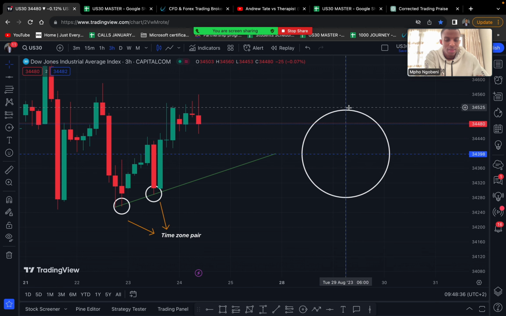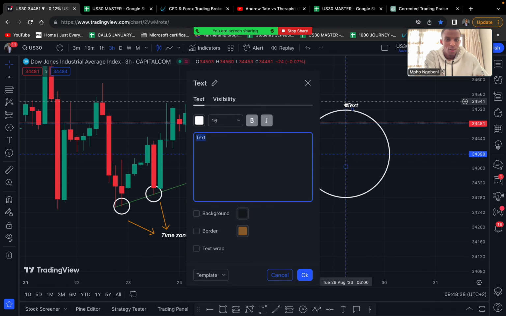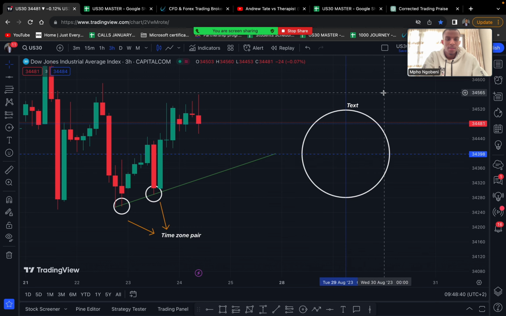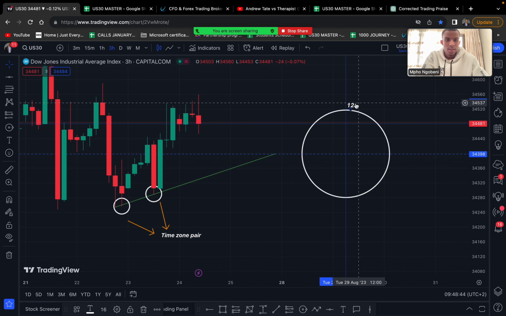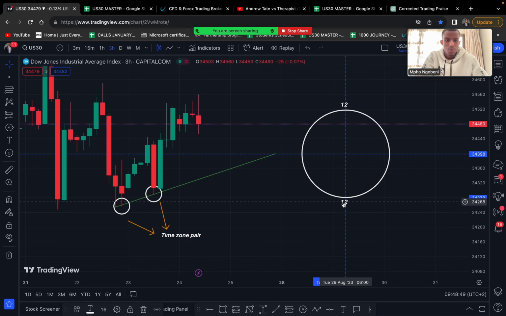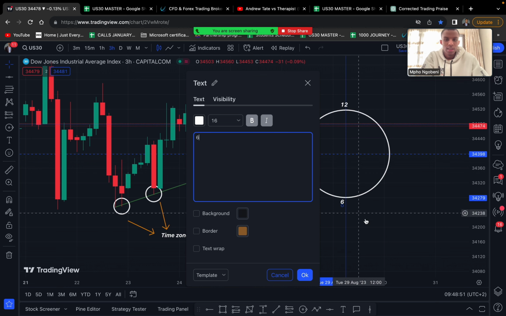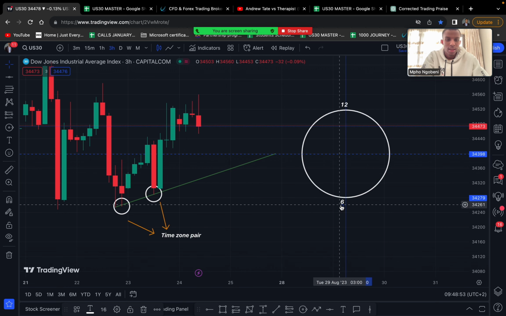At the top, we all know, is 12, and at the bottom we all know it's 6. That's what is known as a time zone pair.